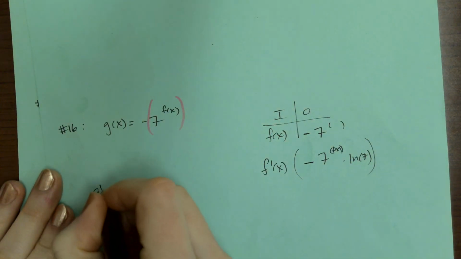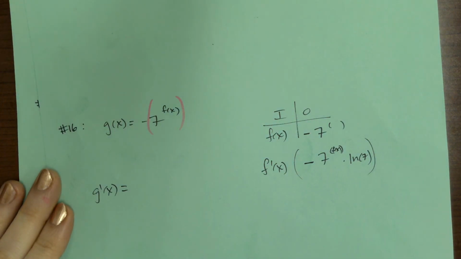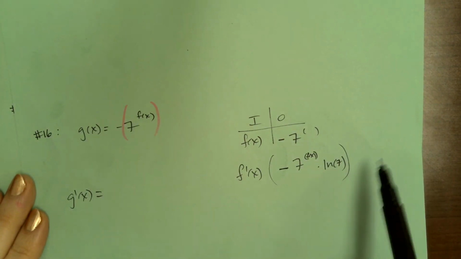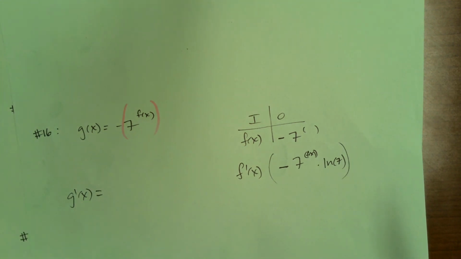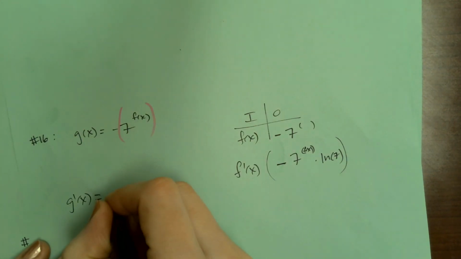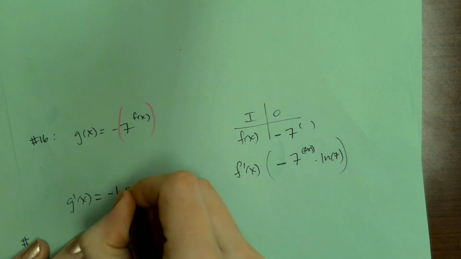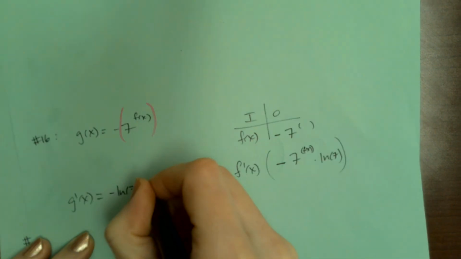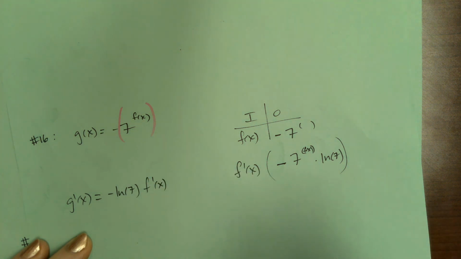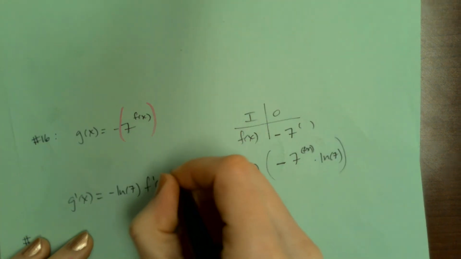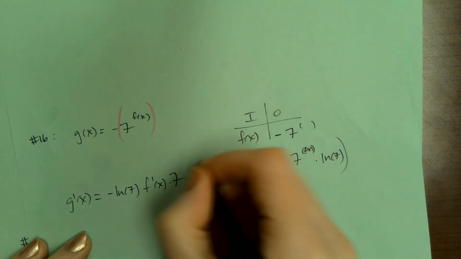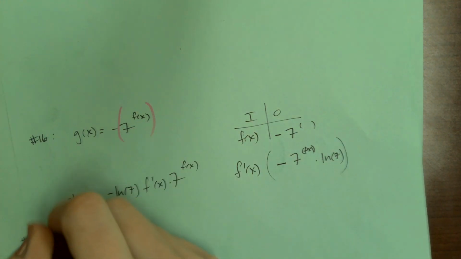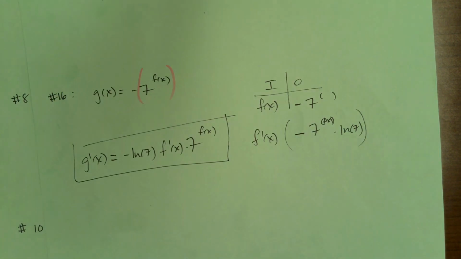Okay, so we get that g prime of x equals, sometimes I put the natural log in the front, so I'll put it in the front because it's technically a coefficient because it's a number. Then f prime of x, 7 to the f of x. Okay, guys, so you're just going to do the odds.